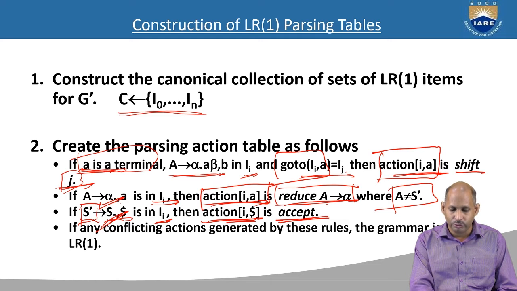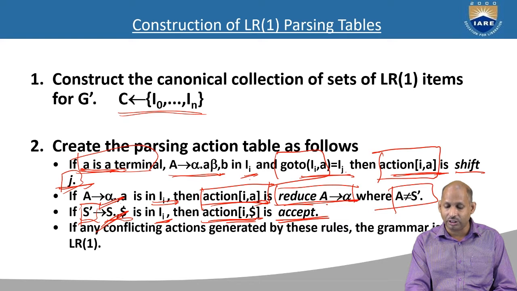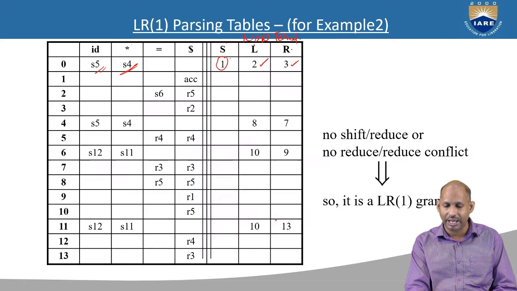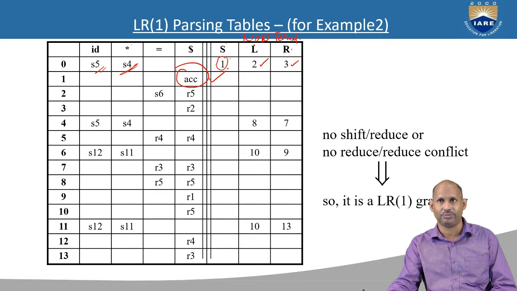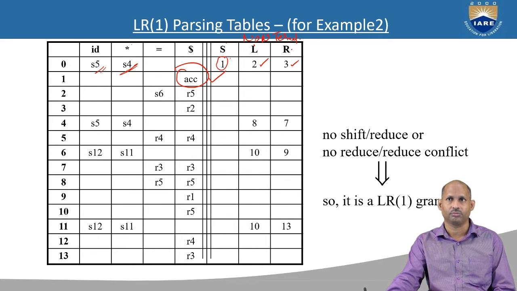So from our rules and regulation, S' gives S dot, and dollar is in I1, then the action is accept. So simply it is accept. Is it clear?